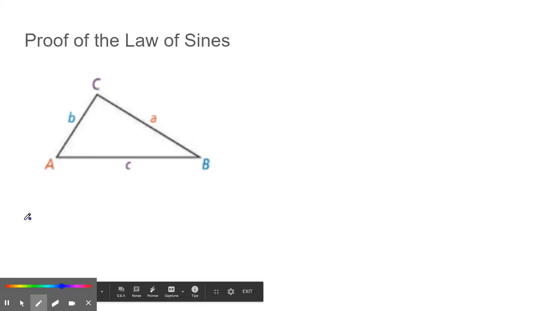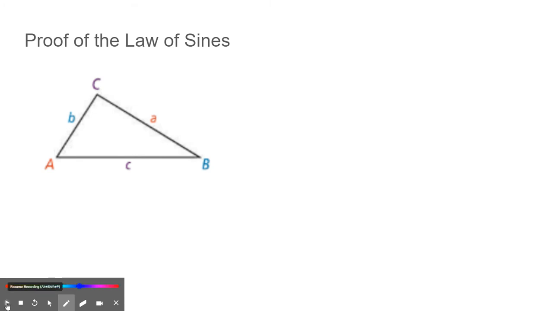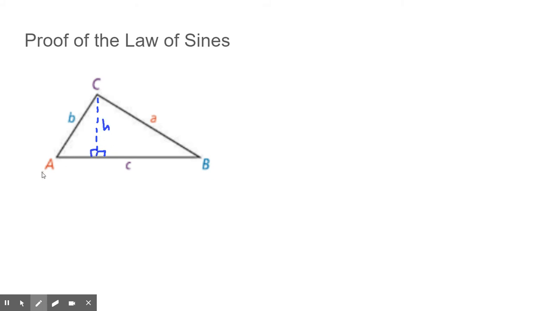Okay, so here is your generic triangle. And what we're going to do is draw a height, an altitude, if you will, down from C to be a right angle down here, and we're going to call it h. I'm going to use angle A and angle B to set up two sine equations using the right triangle on the left and the right triangle on the right.